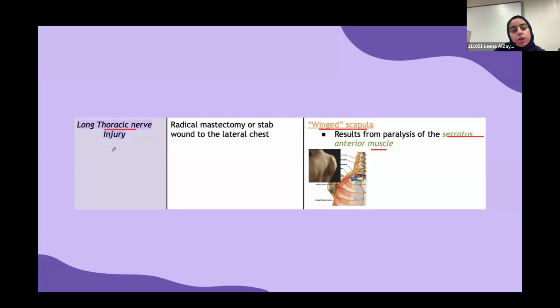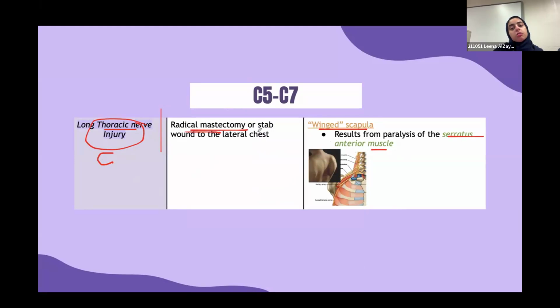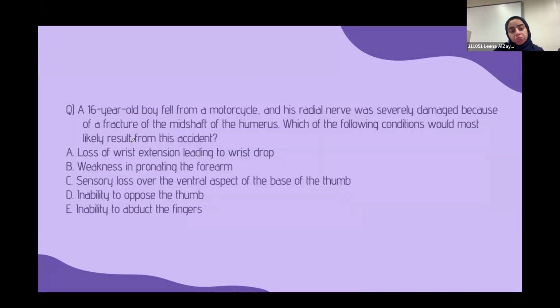And the long thoracic nerve comes from C5, C6, and C7. So it's considered a problem in the root in order for the long thoracic nerve not to work. It can be caused by radical mastectomy and stab wound of the lateral chest. So winged scapula is caused by paralysis of the serratus anterior muscle due to long thoracic nerve injury.